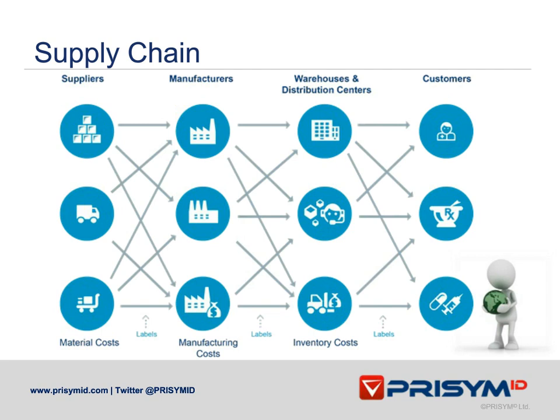The label plays a critical part in the supply chain, right from the suppliers through production and logistics through to the customers. At its most basic form, the dictionary definition of a label is a piece of paper, card, or other material attached to an object to identify it or give instructions concerning its ownership, use, nature, destination, etc.